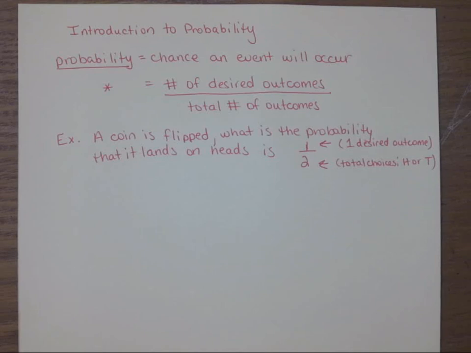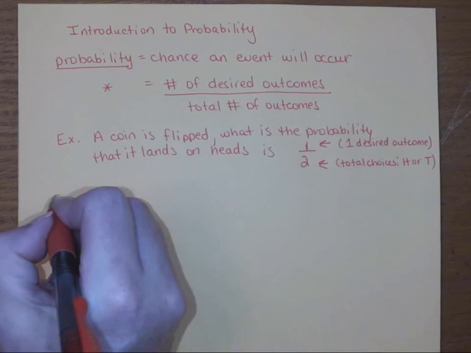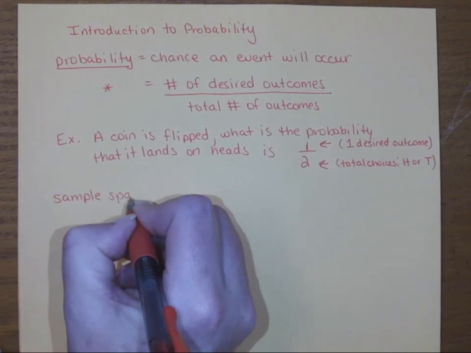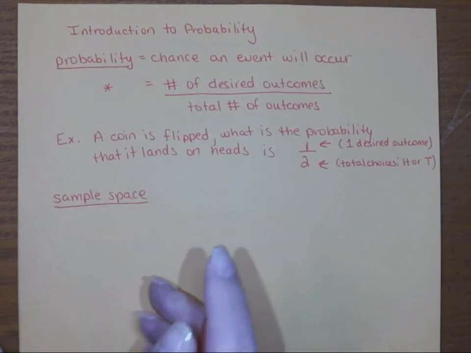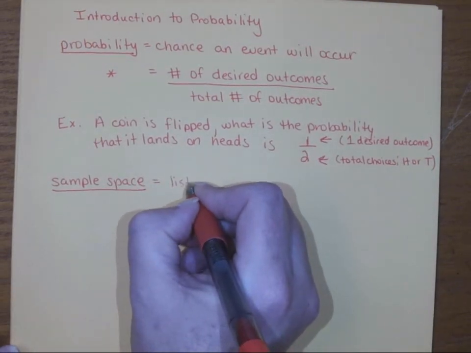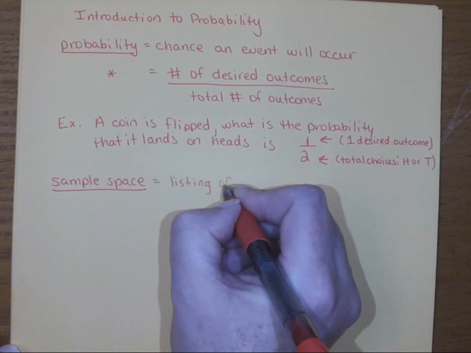So there are some terms that I'm going to want you to know, and then you can structure basic probability lessons and events for your students. So a sample space is just where you list all the possible outcomes.